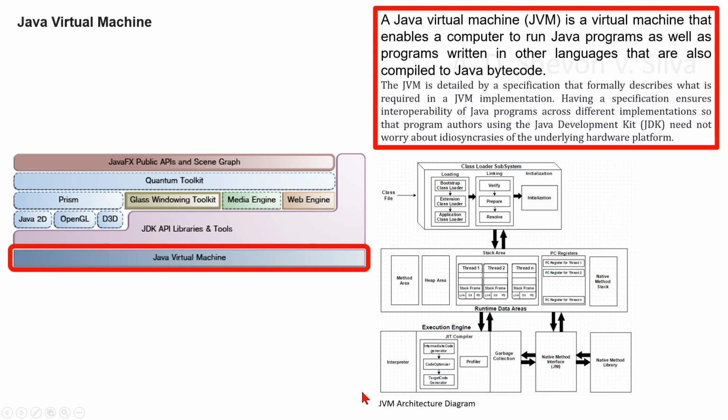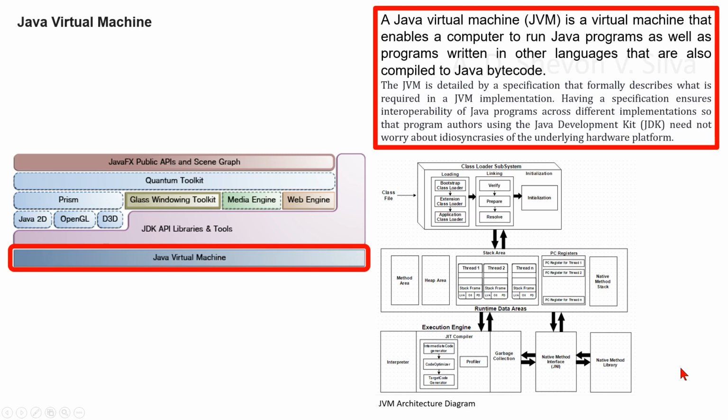Here you can see the JVM architecture diagram. A virtual machine is a software implementation of a physical machine. Java was developed with the concept of WORA, write once, run anywhere, which runs on a VM. The compiler compiles the Java files into a .class file.